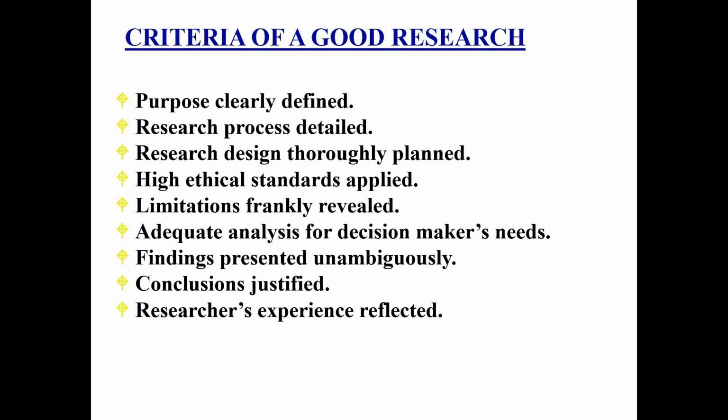A separate committee is there. Then limitations, we also have so many limitations. Findings presented and conclusions should be justified. Whatever you are concluding, you should justify with your experimental approach and your research. So your drafting and your experiment will reflect your research.